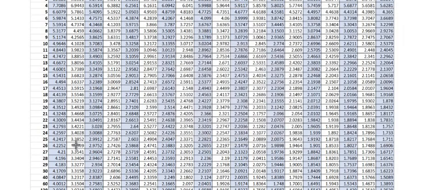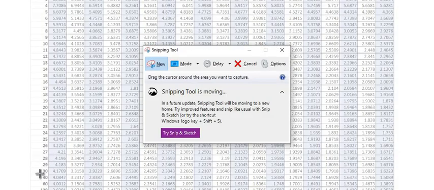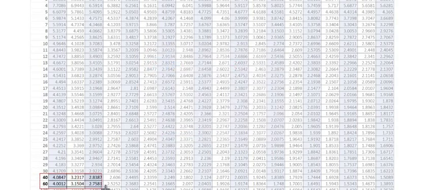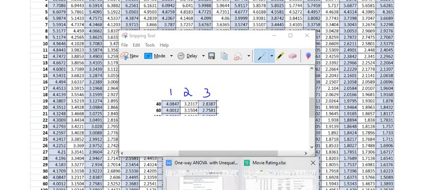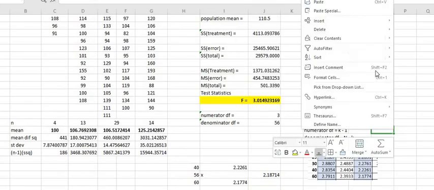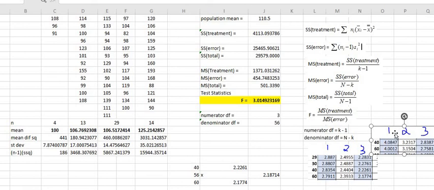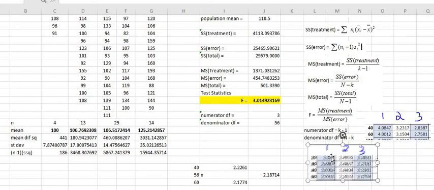So, ulit. This is 1, this is 2, and then 3. Copy. So, ilipat natin siya dito. Paste. So, palitan ko ngayon yung value.